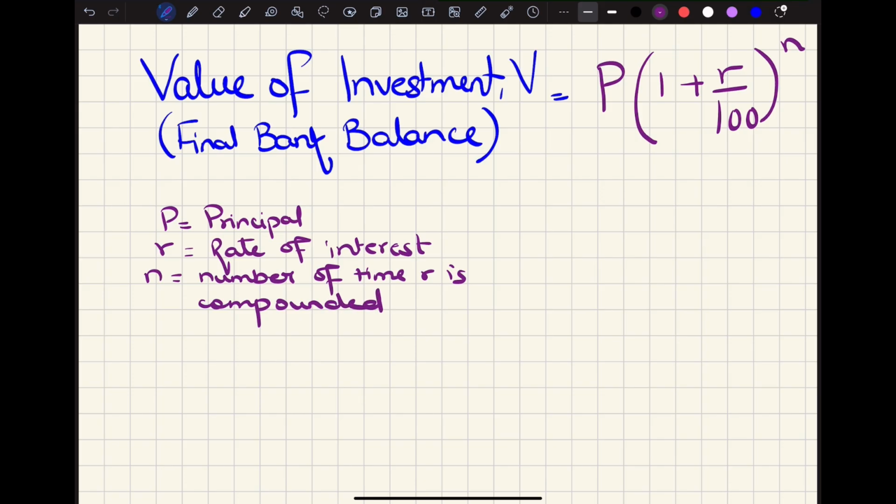You can also change N as D, the number of years.